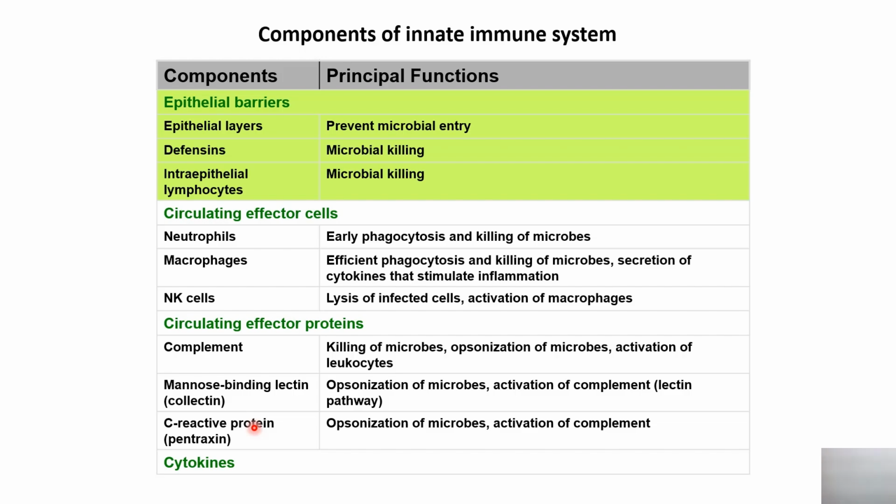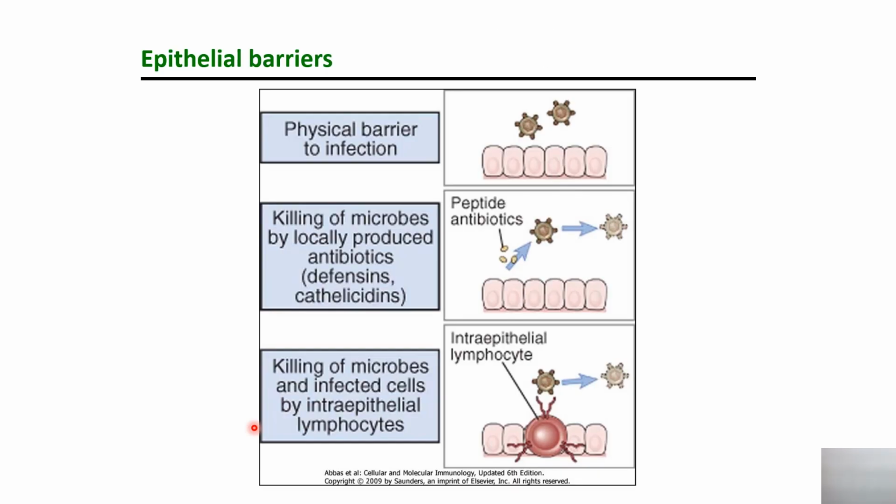Then we have NK cells: lysis of infected cells, activation of macrophages. Then we have the complement system: killing of microbes, opsonization of microbes, activation of leukocytes. Then we have MBL, mannose binding lectins: opsonization of microbes, activation of complement, etc. We have C reactive proteins: opsonization of microbes, activation of complement, etc.